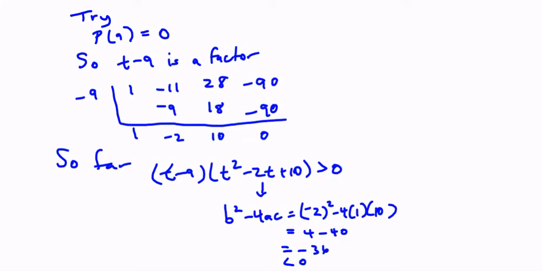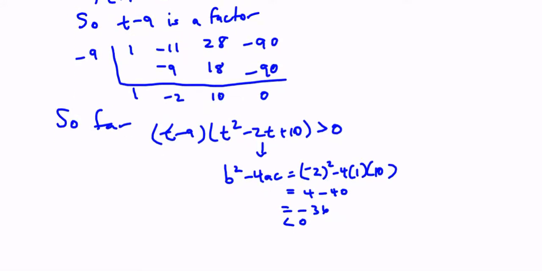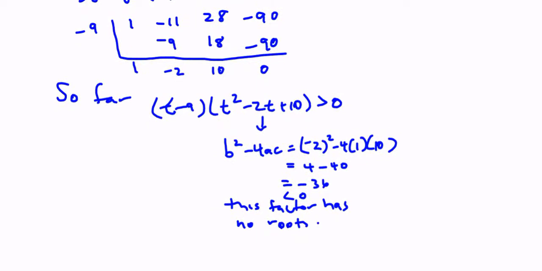We can conclude, we can just say something like this: factor has no roots or solutions. And so I know that the only root here, or the only 0, is t equals 9.